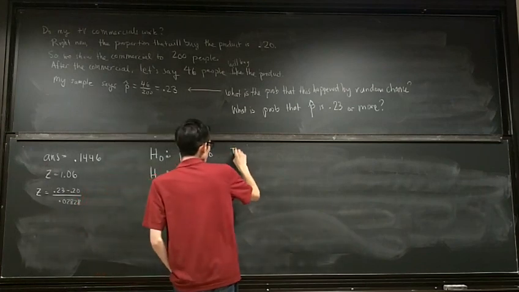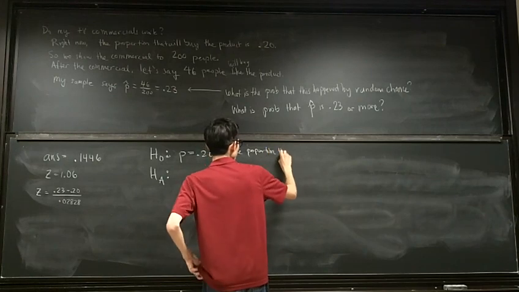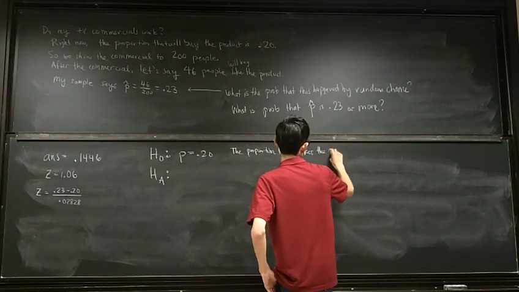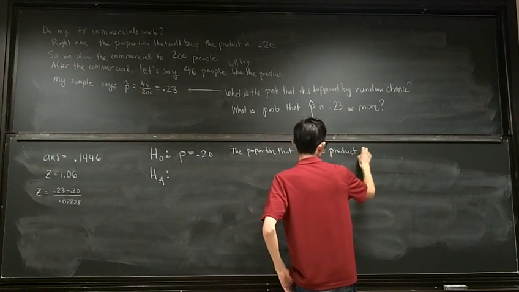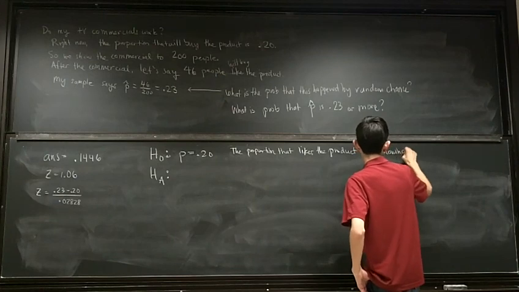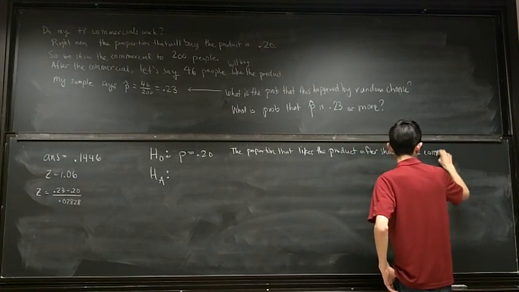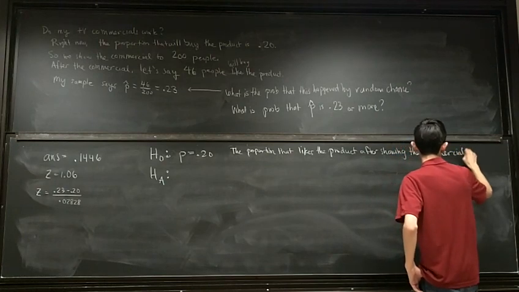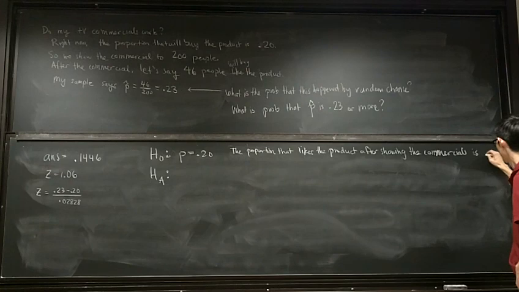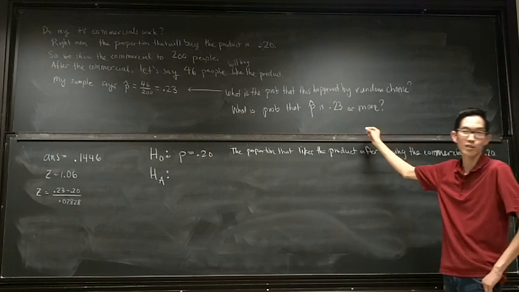This is the proportion that likes the product after showing the commercials, and it is still 0.2. In other words, the commercials had no effect.